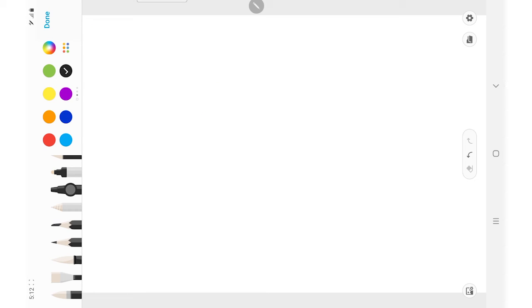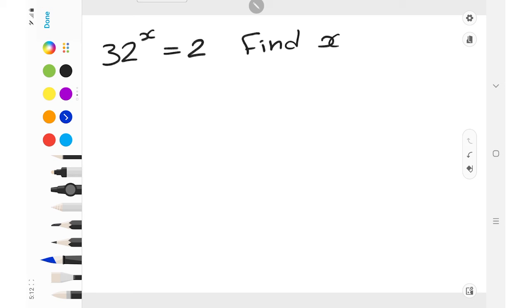Now I want to tell you how to solve this kind of equation: 32^x equals 2. The question here is to find x. How to find the value of x? I want to do prime factorization for 32.